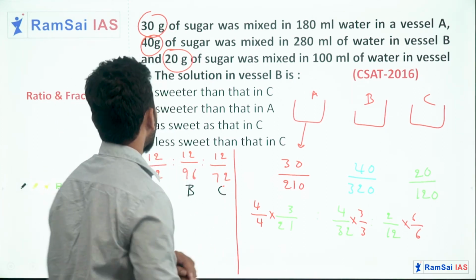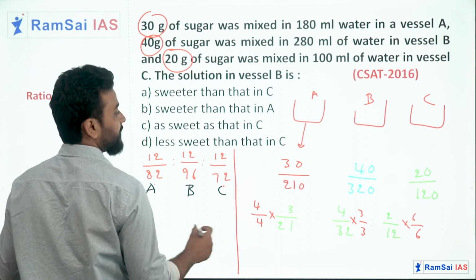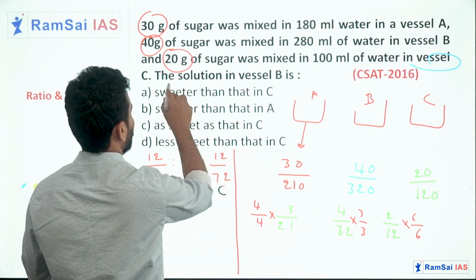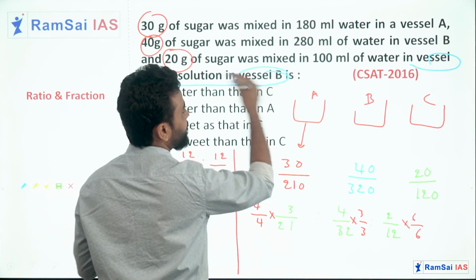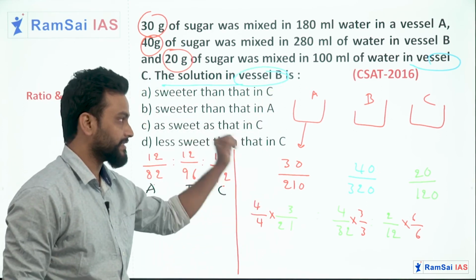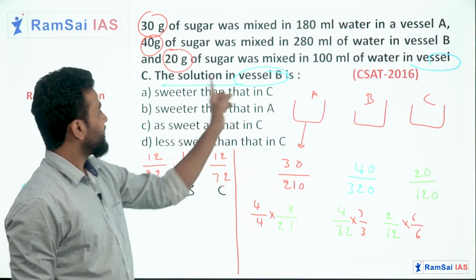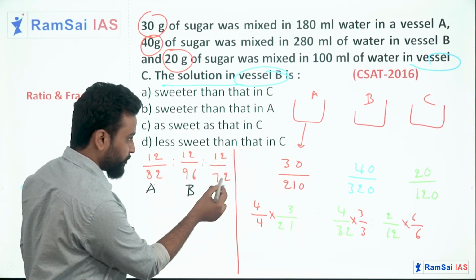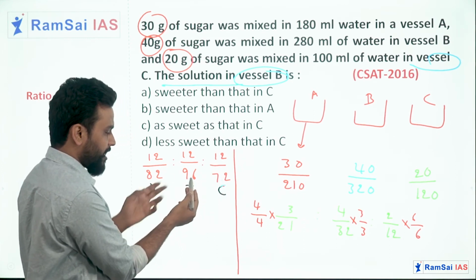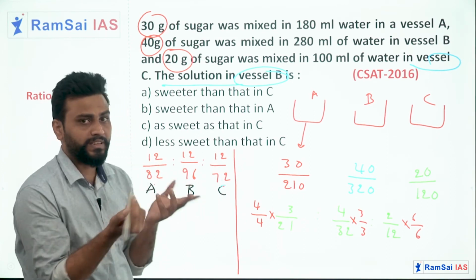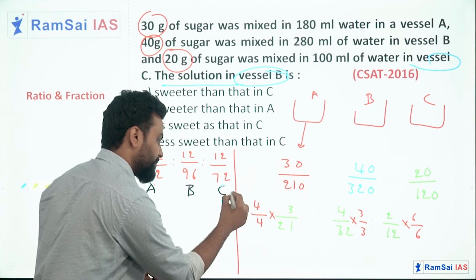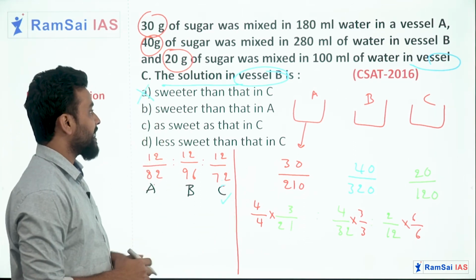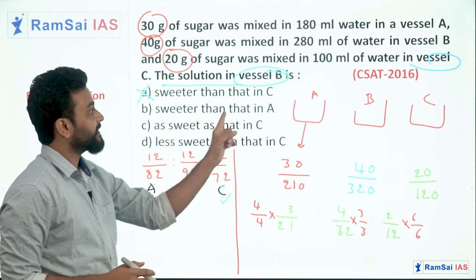Now tell me, if you compare vessel B with the other vessels, vessel B is less sweet than C. In C, out of 72 we have 12 and in B out of 96 we have 12. So which one is sweeter? Obviously C should be sweeter, but not B. So I can eliminate this option. And is vessel B sweeter than A?